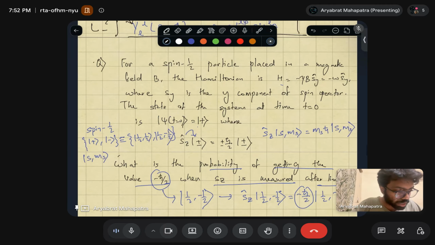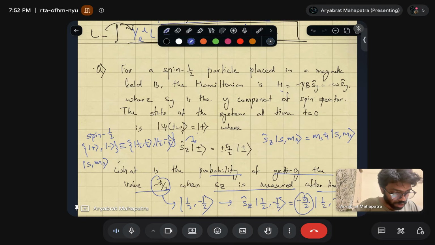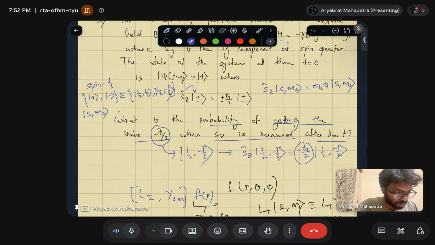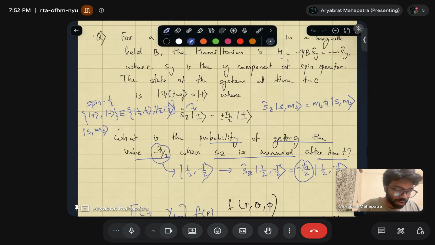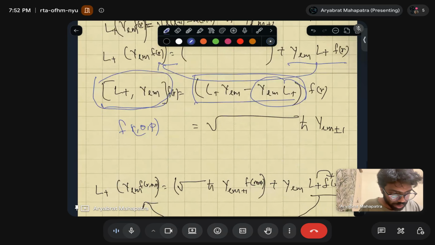Maybe we can check this question right here. I will try to go through this quickly, as we may not have enough time. Let me just clear out some space here.